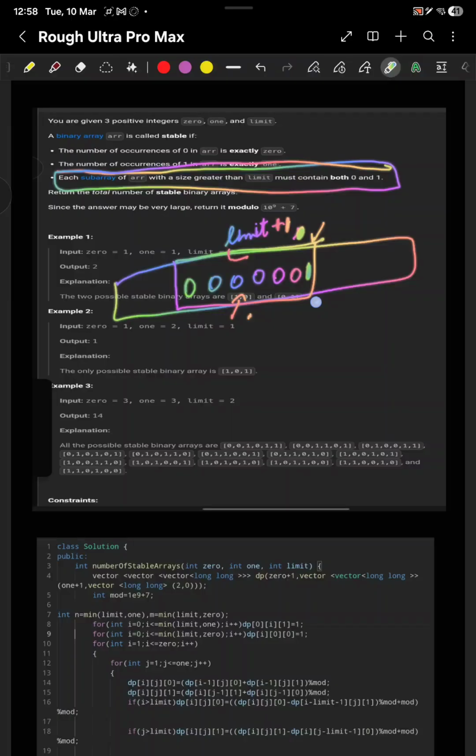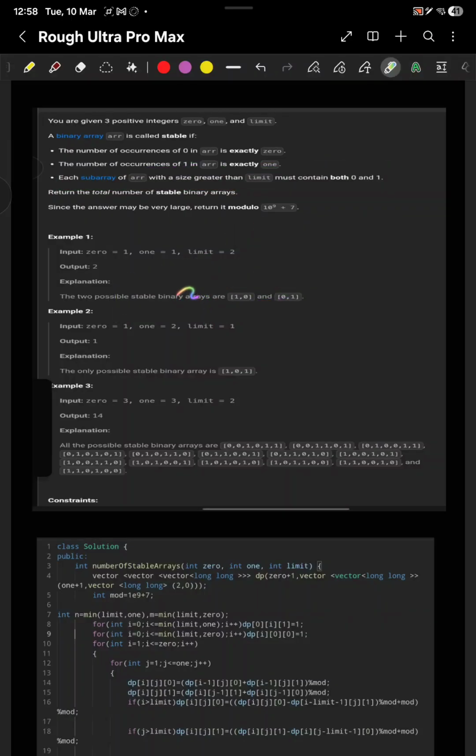So a simpler version of this problem is that at most we can have limit consecutive numbers of the same type. For example, instead of having limit plus 1 zeros, if we had limit number of zeros, this would be valid.